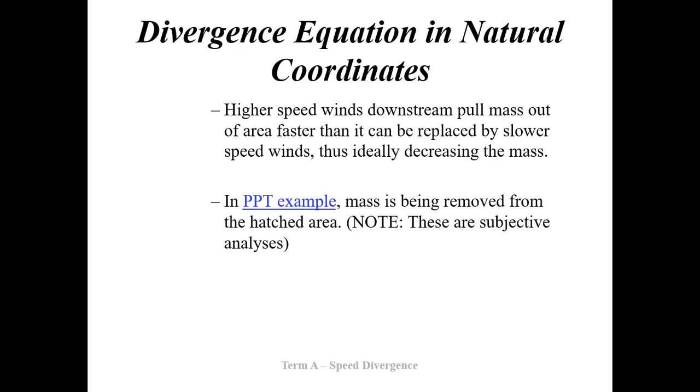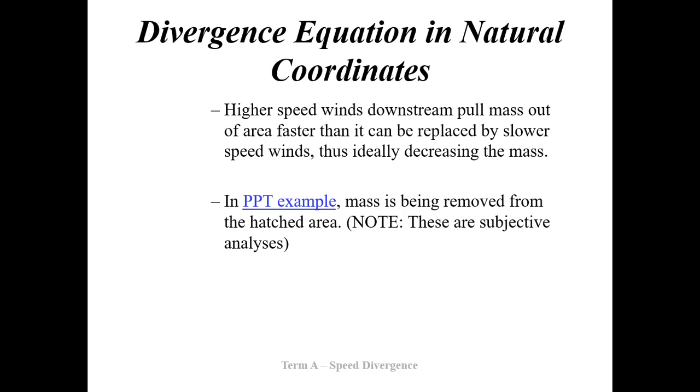Higher speed winds. As I mentioned, divergence and convergence, those two atmospheric phenomena, can be caused either by the coming together or meeting of air currents, or by speed, so by direction or speed. The first thing I'm going to talk about is divergence due to speed differences.